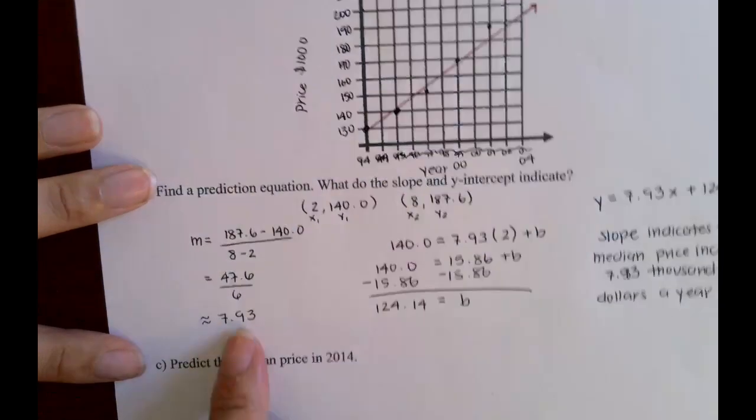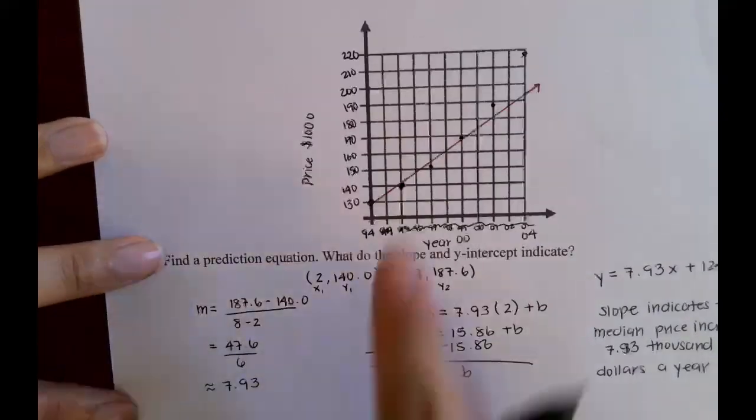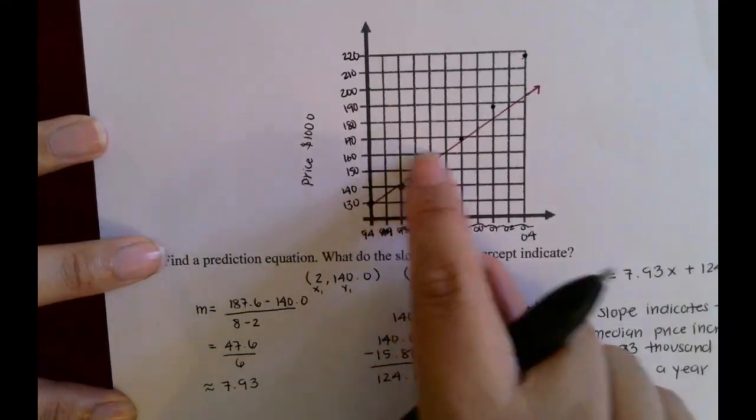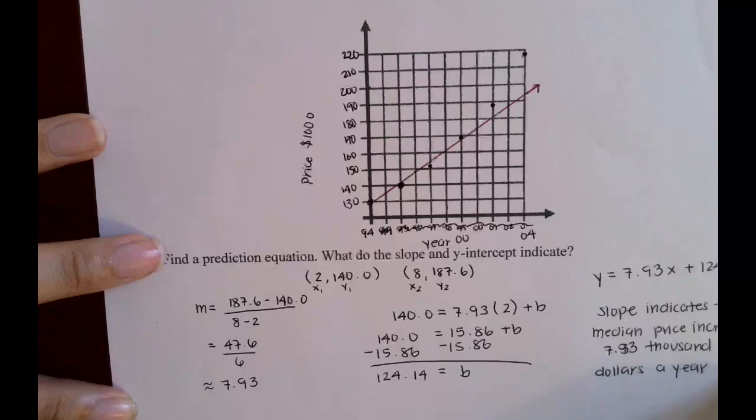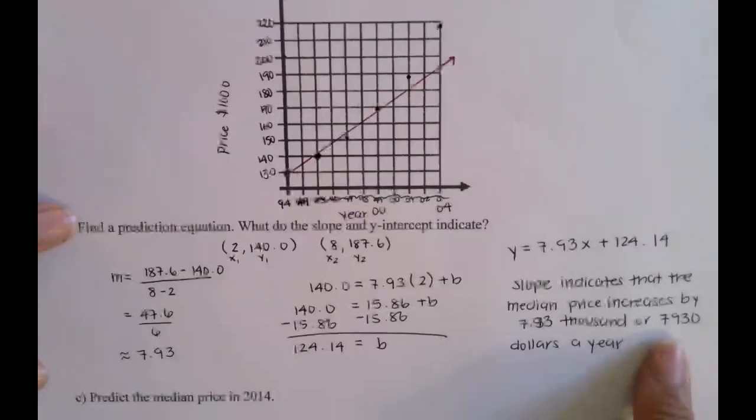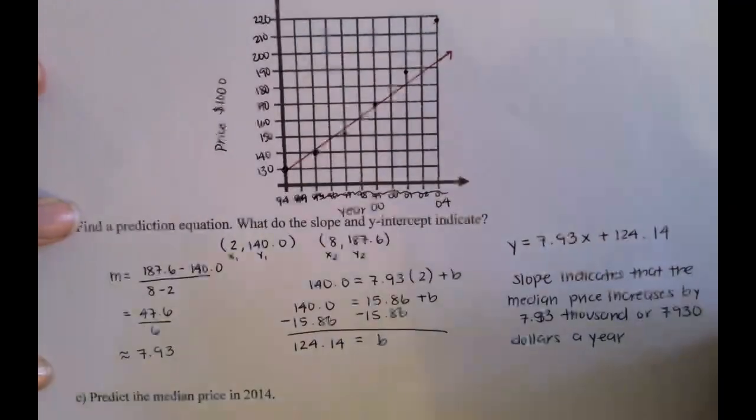That's what the slope represents. It's every year it's increasing by 7.93 thousand, which is 7,930. Okay.